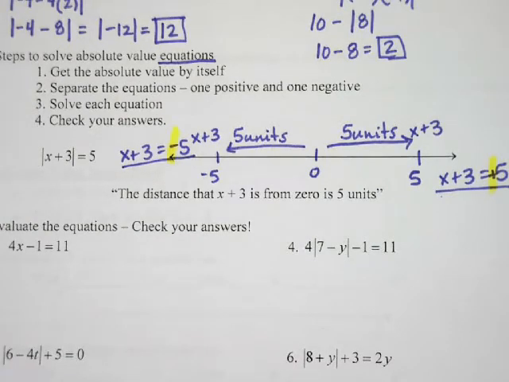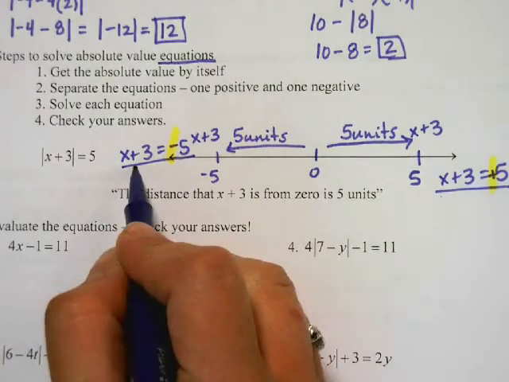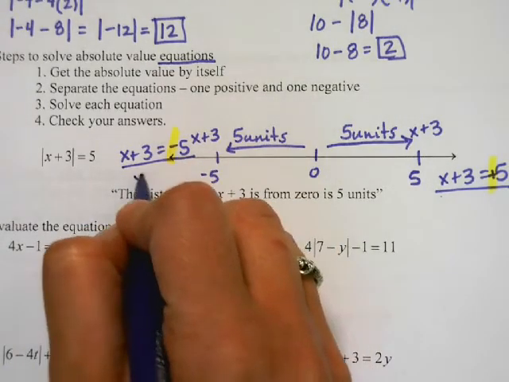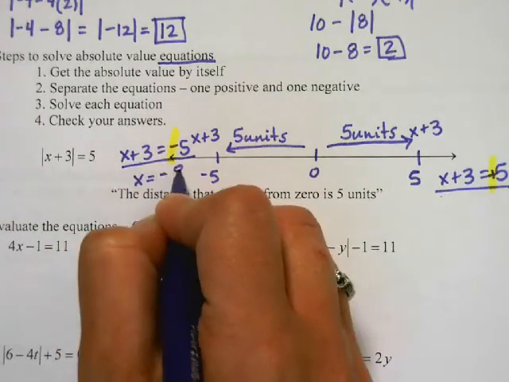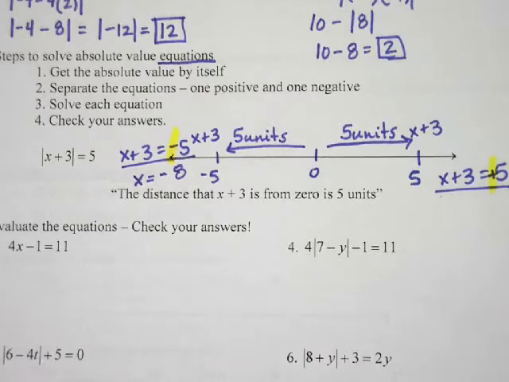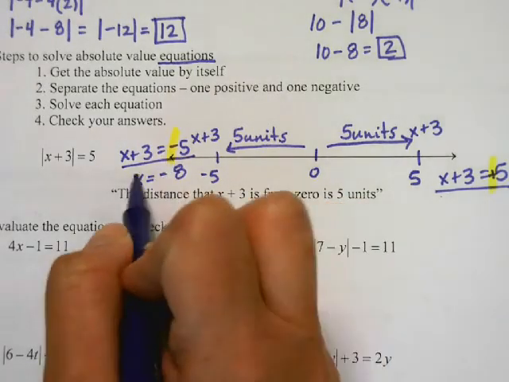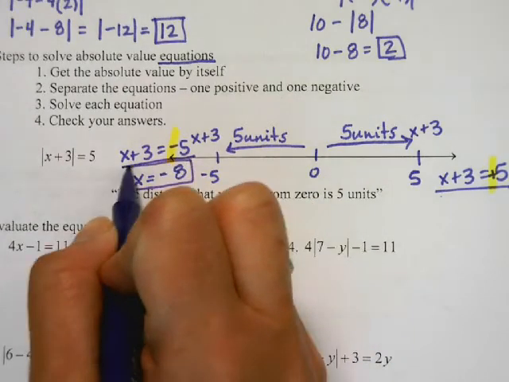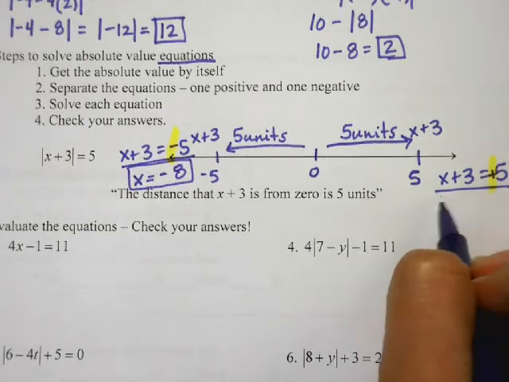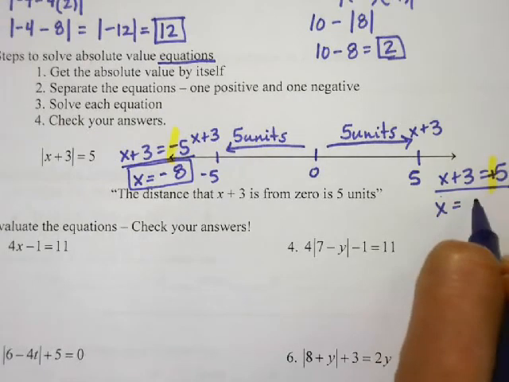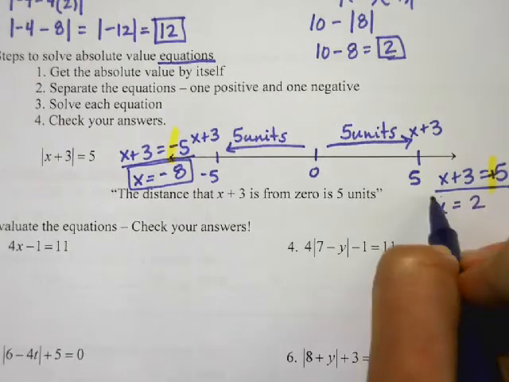Okay, well, let's see what happens when we actually solve this guy. Okay, so if I were to subtract 3 from this guy, x would be negative 8, right? Negative 5 minus 3 more. And if I subtract 3 from this guy, x would be equal to 2.